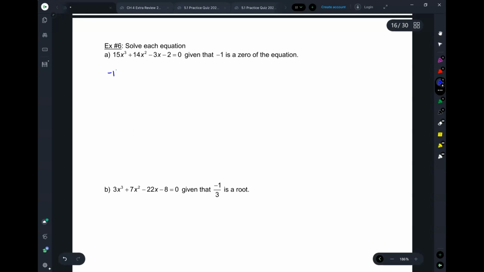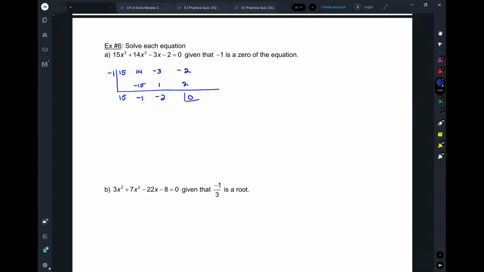So -1, and then here we're going to get 15, 14, -3, -2. So 15 comes down, -15, you get -1, 1, -2, 2, 0. Good, that's what we expected.